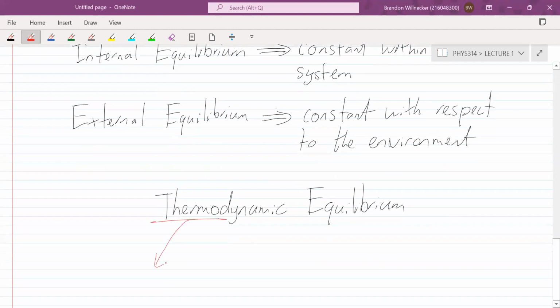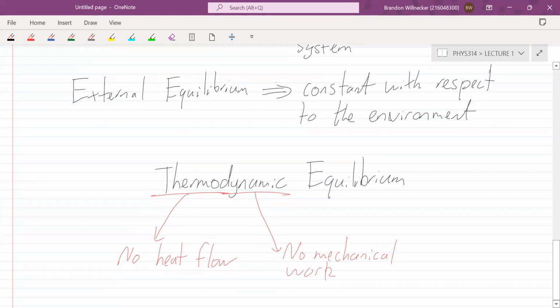The thermo part, so no heat flow, no temperature changes. The dynamic part, we call that no mechanical work being done. This means net, right? No net heat flow, no net work being done. In other words, you don't have net energy exchange between the system and the environment. In that case, we say that it's in thermodynamic equilibrium.